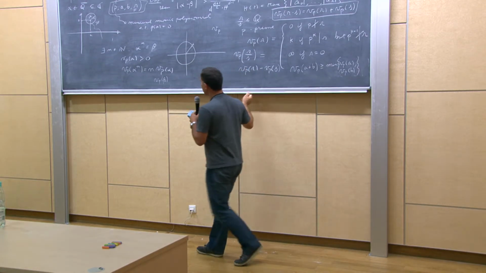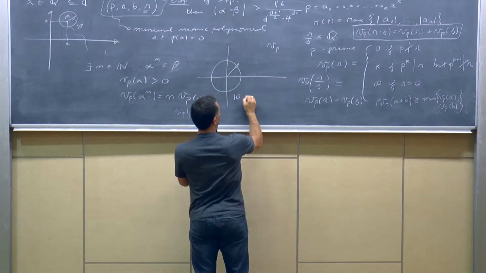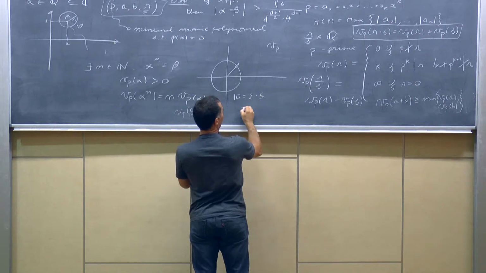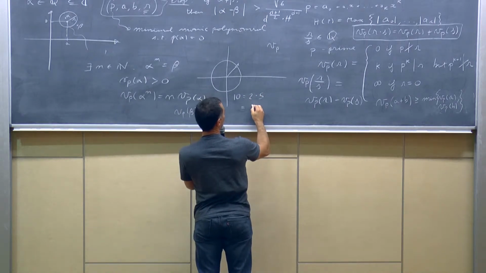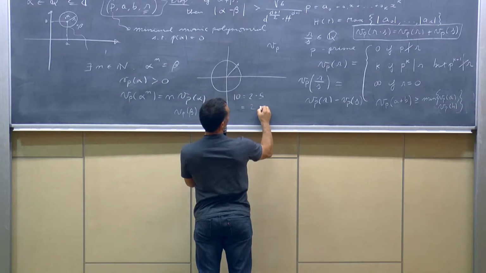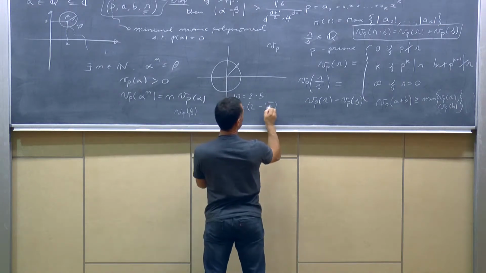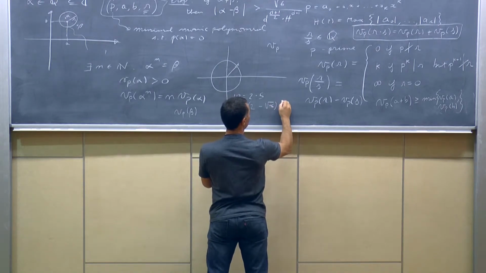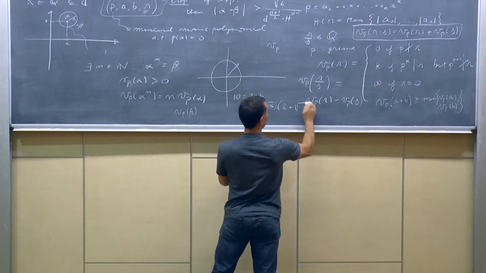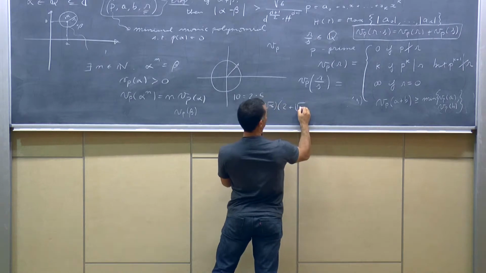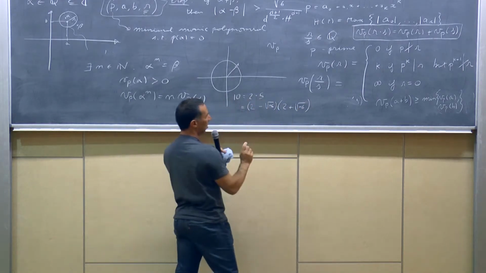Just to give you an example, you can write 10 as 2 times 5, and you can also write 10 as 2 minus root of minus 6 times 2 plus root of minus 6, right?